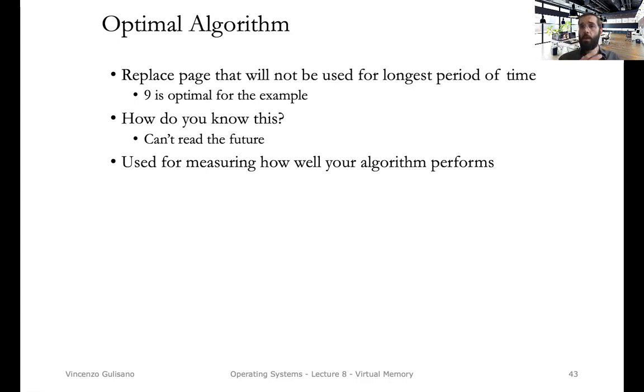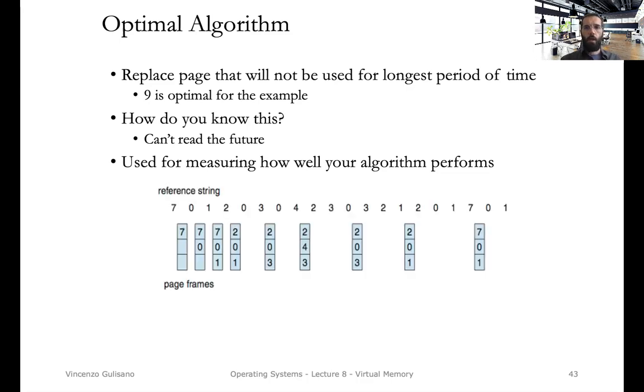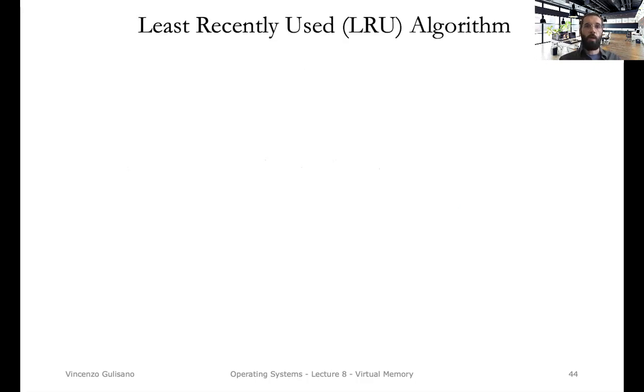But you can still use it as a means to understand how close your algorithm gets to the optimal number. So 15 versus 9 is actually not that good. This is just the execution. You can try it out by yourself, and you see that 9 is the total number of page faults we would get in this case.